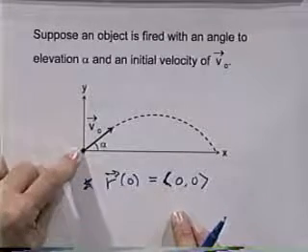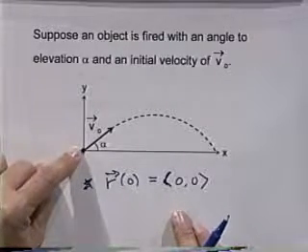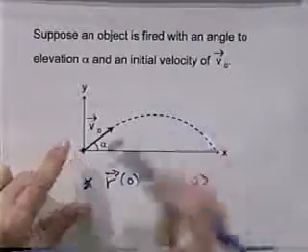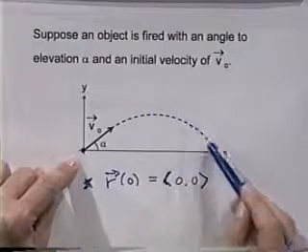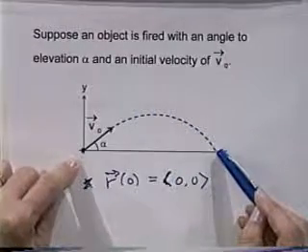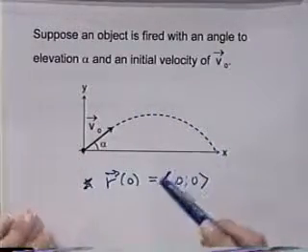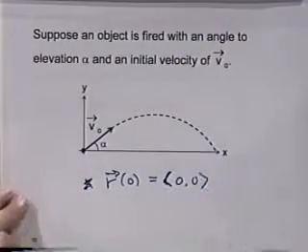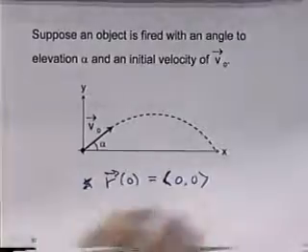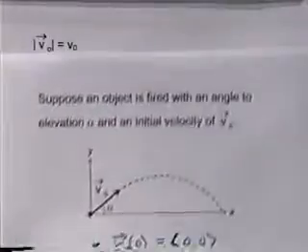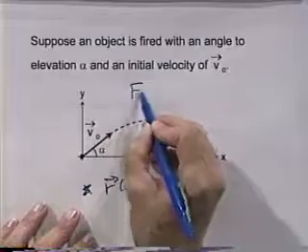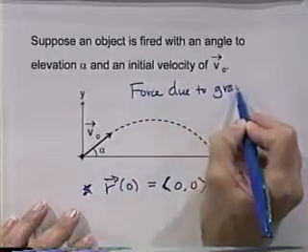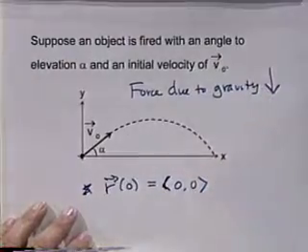Now, many of you have played baseball. You've thrown something up into the air and watched it fall down, and you know what its trajectory looks like. It looks like a parabola. It goes up and it comes down. The force acting on this object is gravity, pulling down. Our formula says the force due to gravity is always downward.